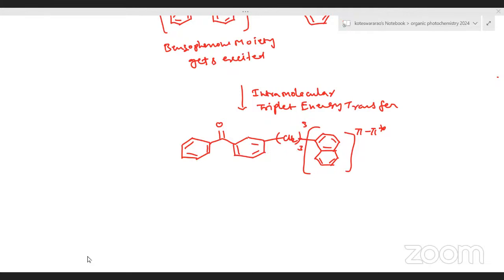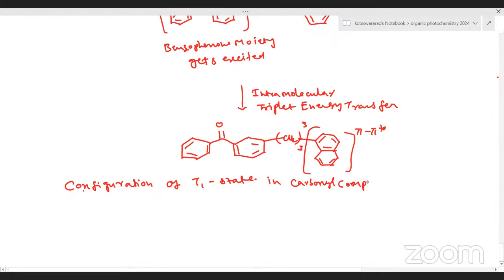Next topic is configuration of the T1 state in carbonyl compound. Configuration means whether it is pi to pi star or n to pi star.